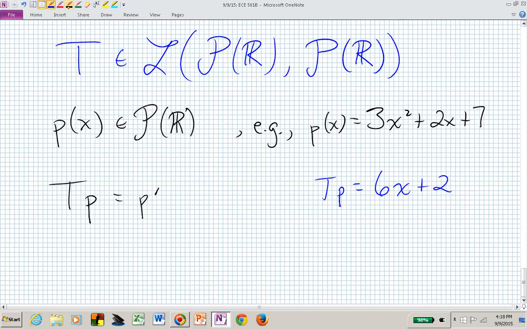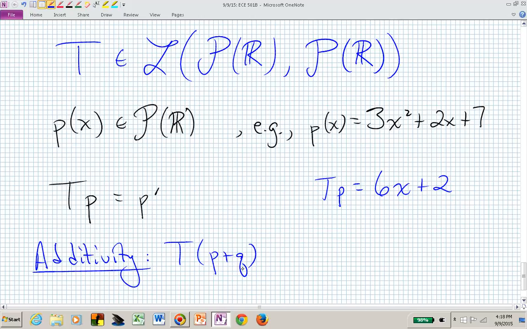We have to have it possessing additivity, which says if we have two polynomials, P and Q, and we add them, and then we operate on those with this differentiation map T, then that's the same as the derivative of P plus Q with respect to X. But we know that the derivative of a sum is the sum of the derivatives, based on what we know from calculus.